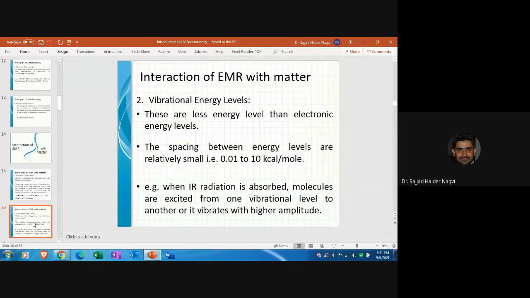So in case of the IR radiation, the molecules will be excited because that's also energy. But that energy is not going to change their electronic level or electronic transition. This energy is going to change their vibrational level of the energy, or simply increase the amplitude of the vibration.